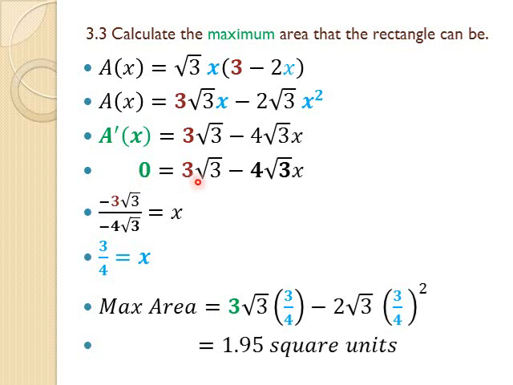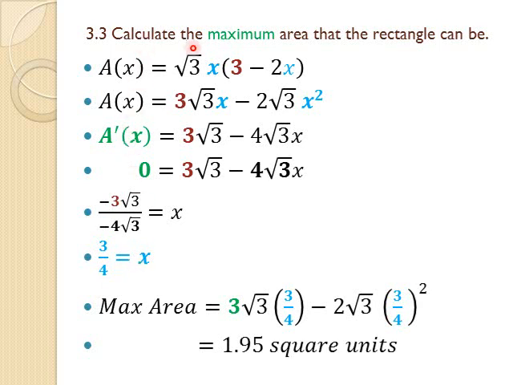So I have 0 equal 3 square root 3 minus 4 square root 3 x. Right? So if I take 3 square root 3 over, it becomes negative 3 square root 3. We always divide by the coefficient of x. So I'm dividing by minus 4 square root 3. Negative divided by negative, positive, square root 3 and square root 3 cancel. So x equal 3 over 4.